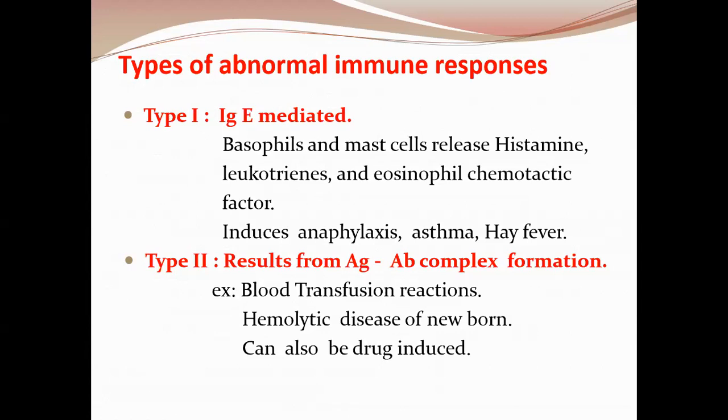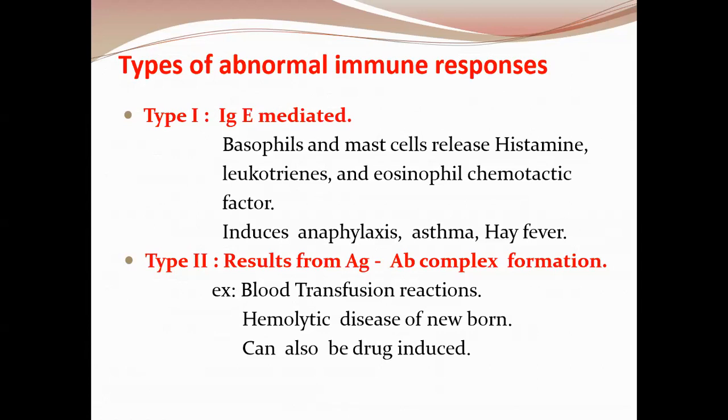If the blood which has to be transfused is not cross-matched properly, the preformed antibodies bind to the RBC membrane antigens, which later activate the complement cascade, generating a membrane attack complex that lyses the transfused RBCs, and hence there is hemolysis. This is what is called a blood transfusion reaction.